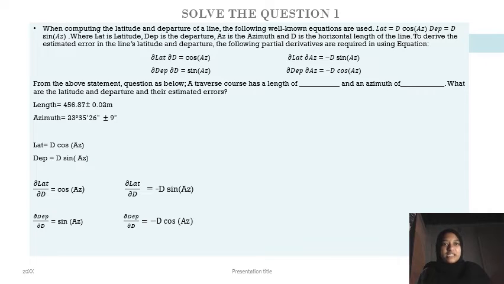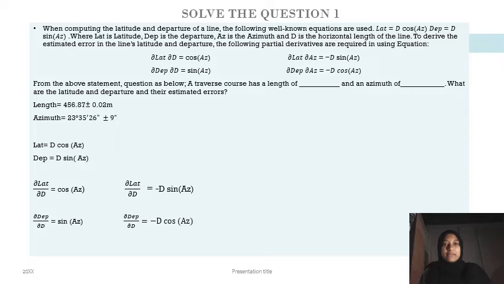To derive the estimated error in the line's latitude and departure, the following partial derivatives are required. Partial derivative of lat over partial derivative of d equals cos azimuth, partial derivative of dep over partial derivative of d equals sin az. Next, partial derivative of lat over partial derivative of az equals minus d sin az. Partial derivative of dep over partial derivative of az equals minus d cos az.